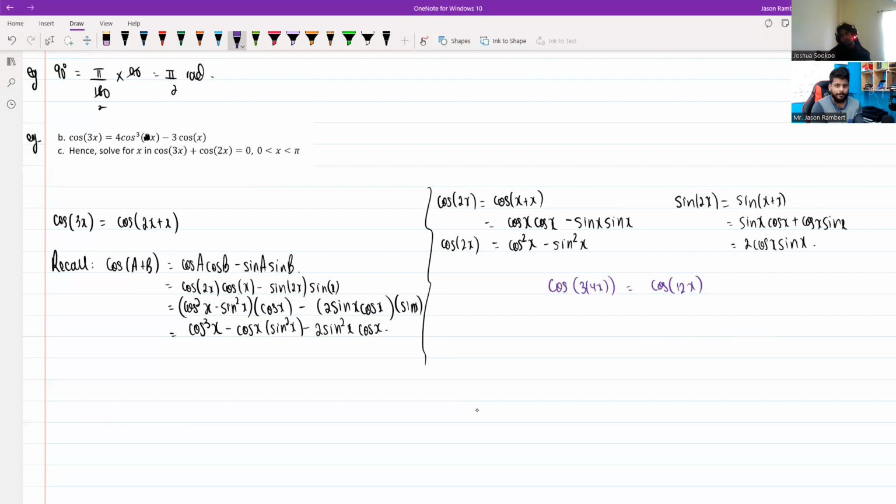If I have 2 cosine of 3x, I'm not going to interfere with the angle because this 2 is an external operation on the angle. It is independent from the angle. Similarly, if I have cosine x all squared, the squared is an external operation on the angle. I do not interfere with the angle unless I have an operation inside with the angle itself.